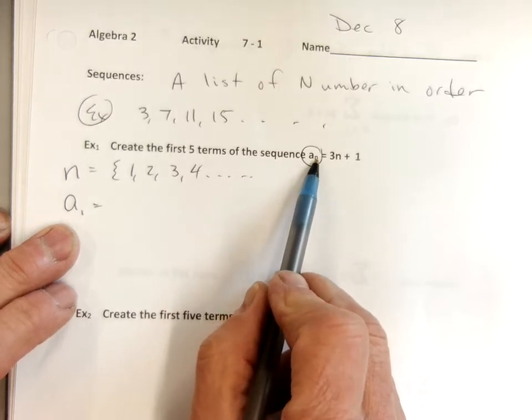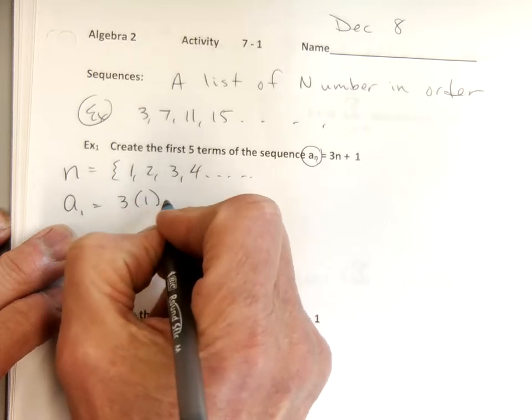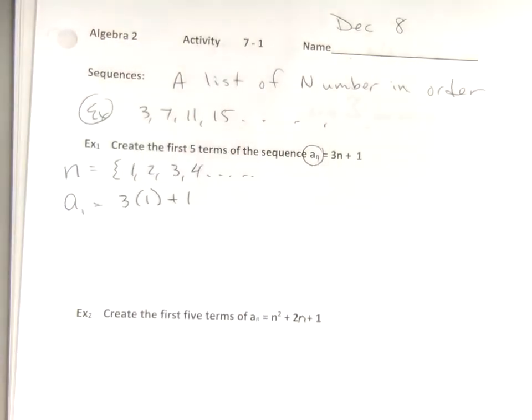I just said A1 because my first term would be 3 times 1 plus 1. Are you ready? N is 1, so I put 1 there and there. A1 just represents the first term. A1, first term, is 4.